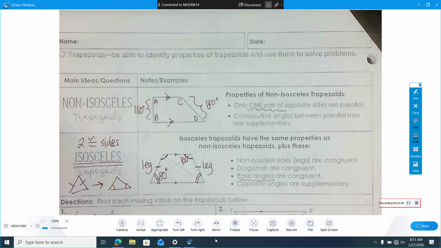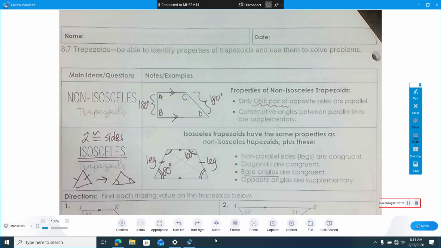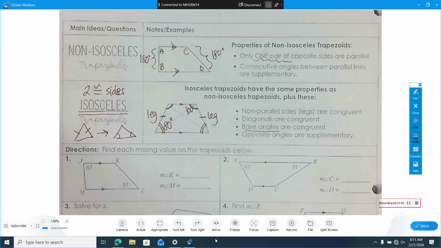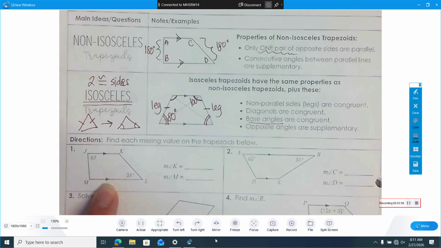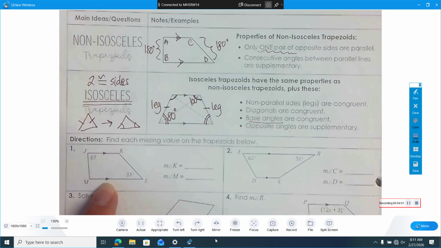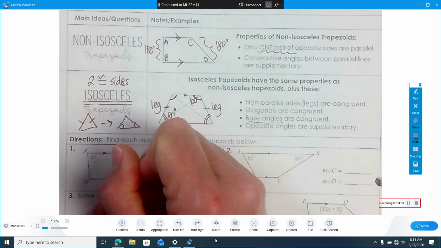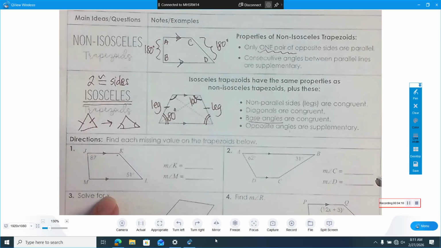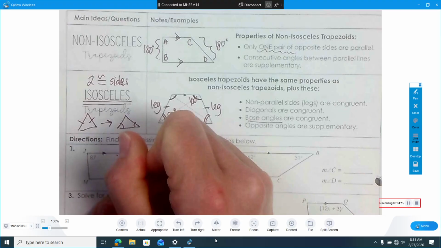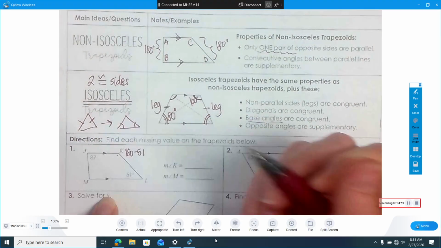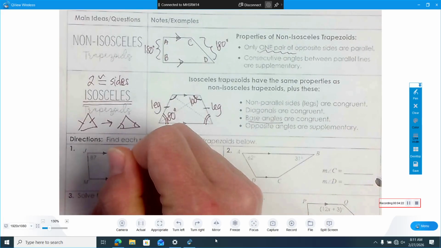Okay, here we go. Let's answer some questions. Number one, is this isosceles or just a trapezoid? Just a trapezoid, okay. So how do we find angle K? 180 minus 51 is 129.